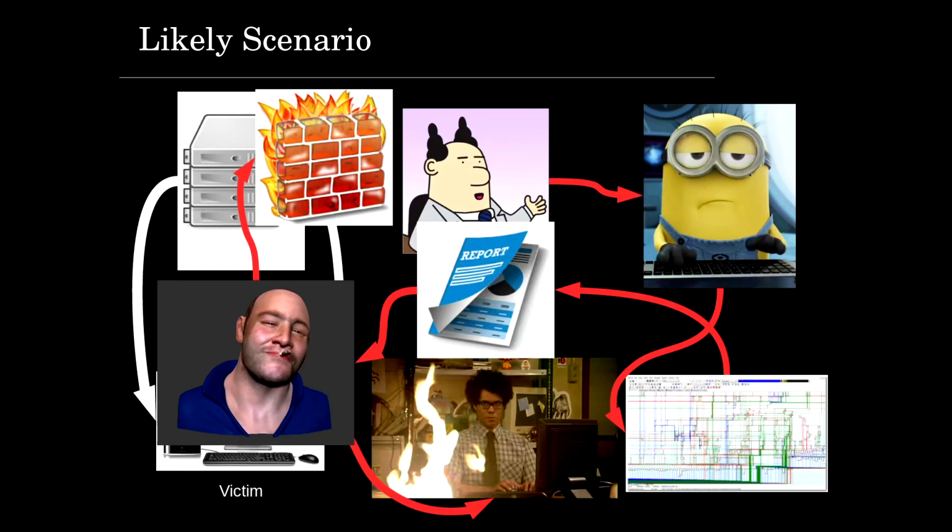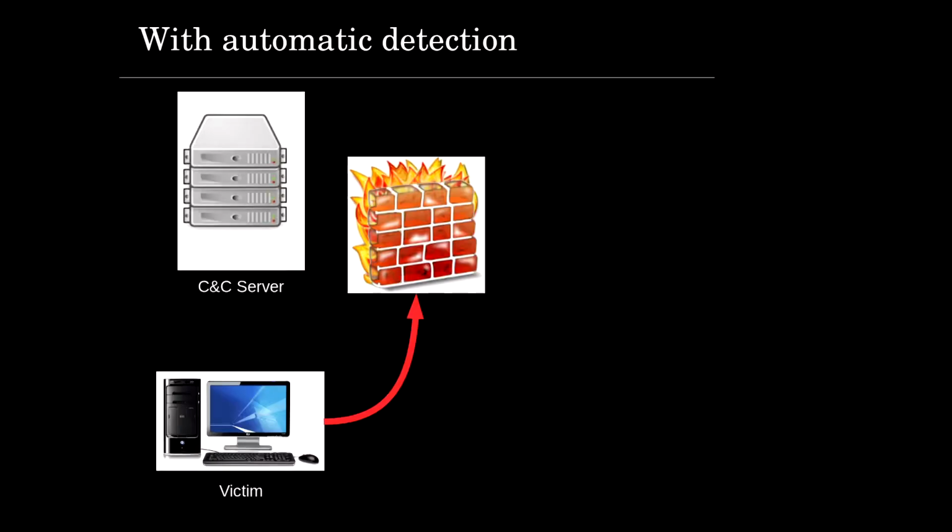But suppose that you had the ability to automatically detect the DGA. Now, you could aggressively cut out a lot of those middlemen. A lot of the links here have better things to do with their time. Middle management, bless their soul, they have better things to do with their time. Reverse engineers too. If you had the ability to automatically detect DGA traffic, you could theoretically put it straight in the firewall.